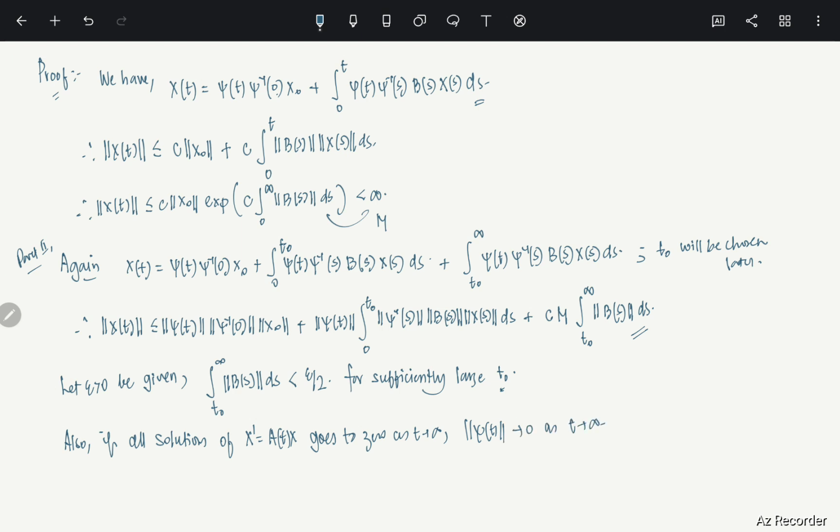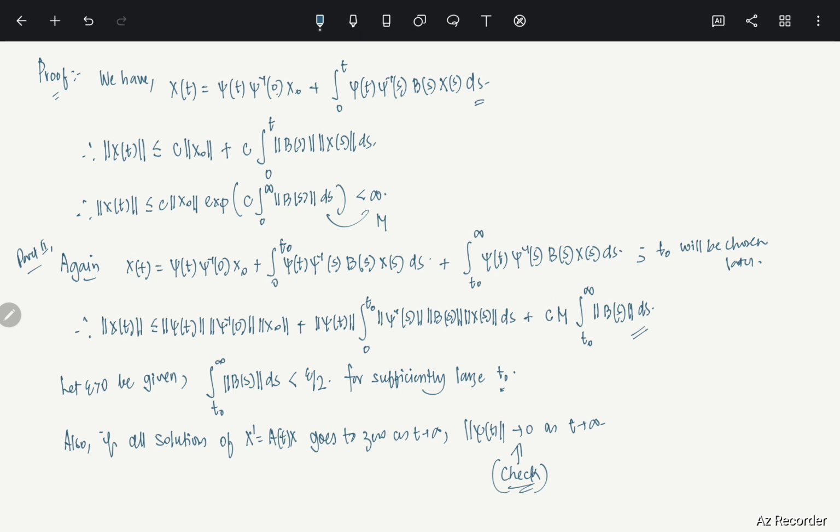Why? You remember x1, x2, up to xn, what does phi t consist of? x1, x2, up to xn, right? And each of x1, x2, up to xn has to go to 0 because all solutions are going to 0. Those are solutions. So they have to go to 0, right? So if they go to 0, then you can show that the norm will also go to 0. Okay. So please check this part again.